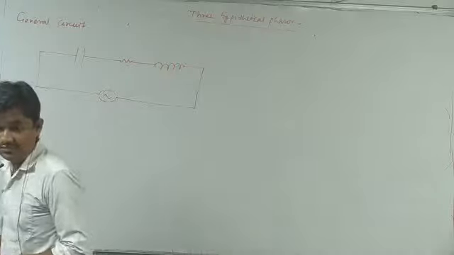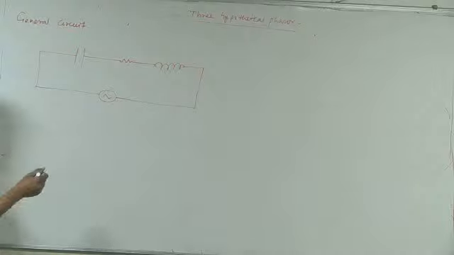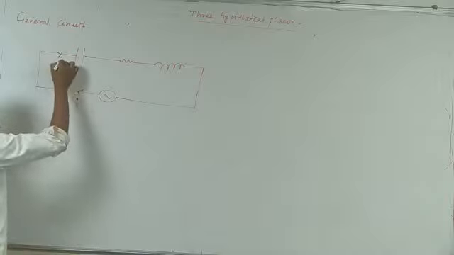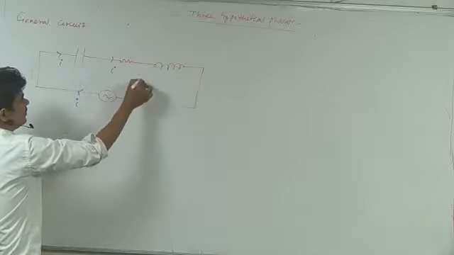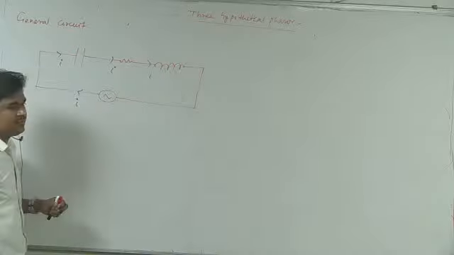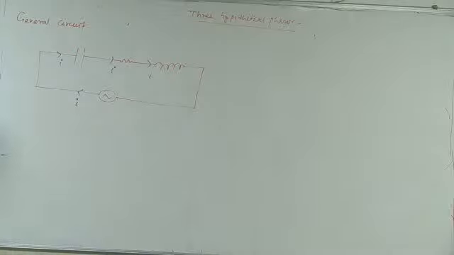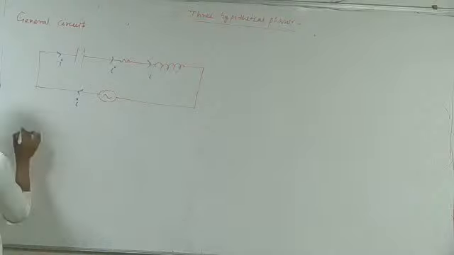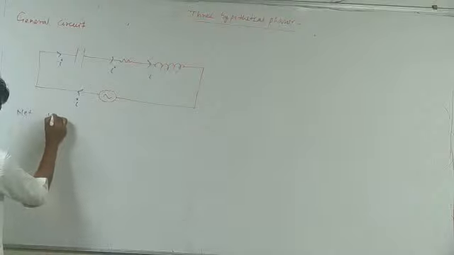Current will be the same because all are in series. I will be the same in all of them. Yes or no? Okay. So first of all, we will try to calculate the net impedance of the circuit.